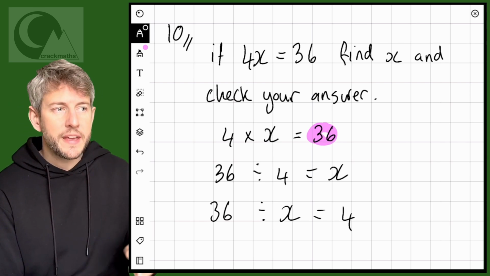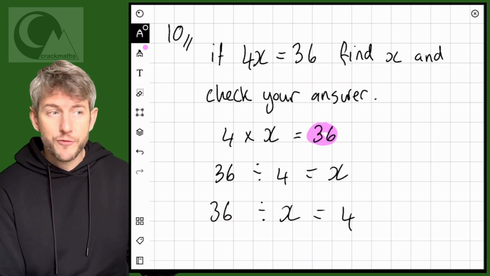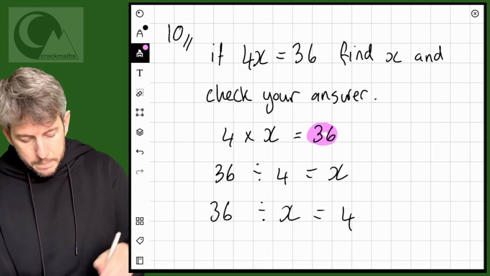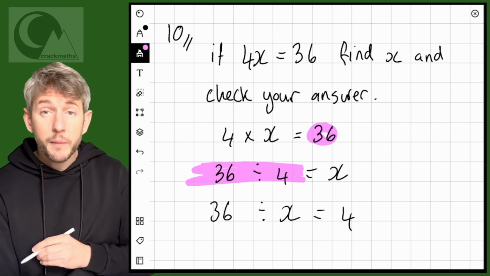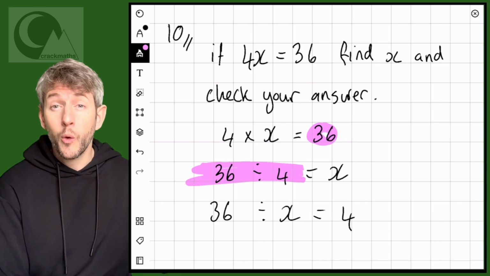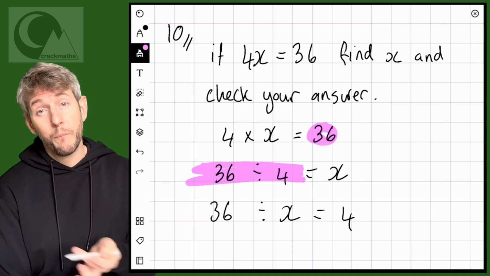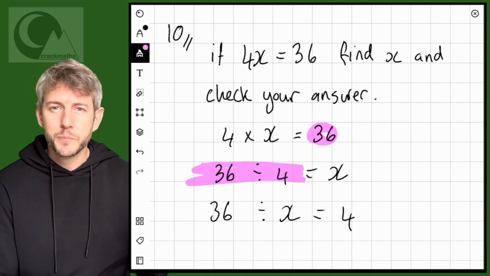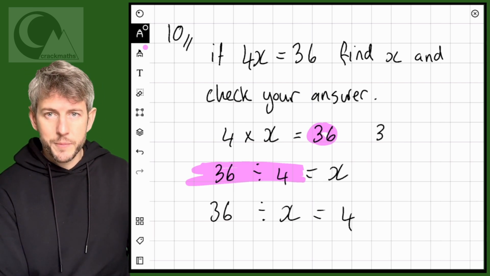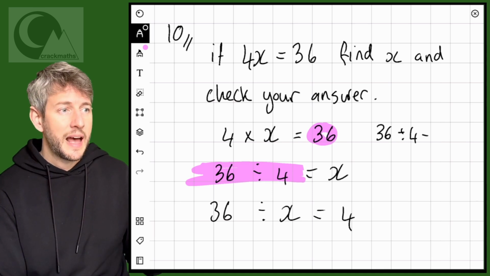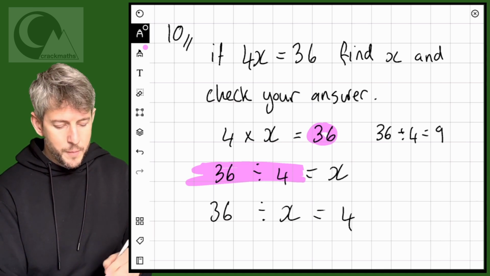Now, the one of these that is most useful for us for being able to find out what x is going to be is this, because 36 divided by 4 will give us an answer. So you might know it from your times tables, or you can work it out in the calculator if you're allowed it. But I know that 36 divided by 4 is 9, and I can check this a multitude of ways.